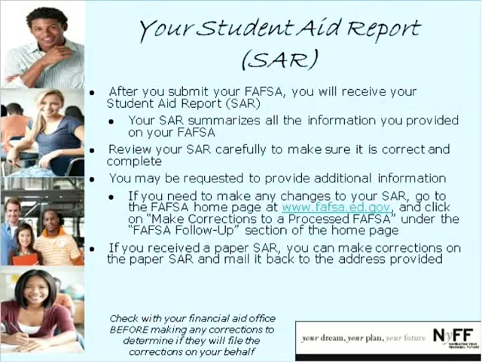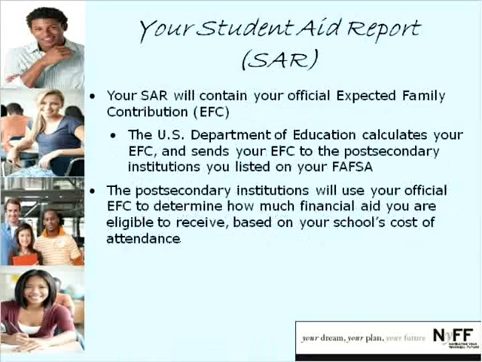Tell them what mistake you made or what update you need to make, and let them tell you, okay, go ahead and make the correction yourself, because a lot of times schools are wanting to do those corrections on the student's behalf just so they can control the correction process. So I just encourage you, if you have to make changes, check with your financial aid office first. It'll make your job easier and it'll make their job easier.